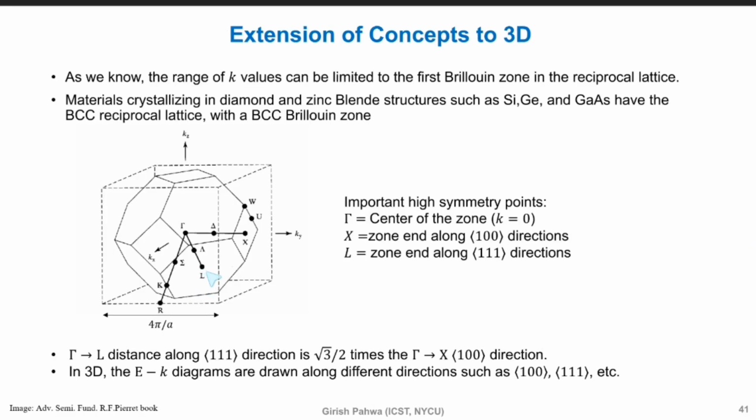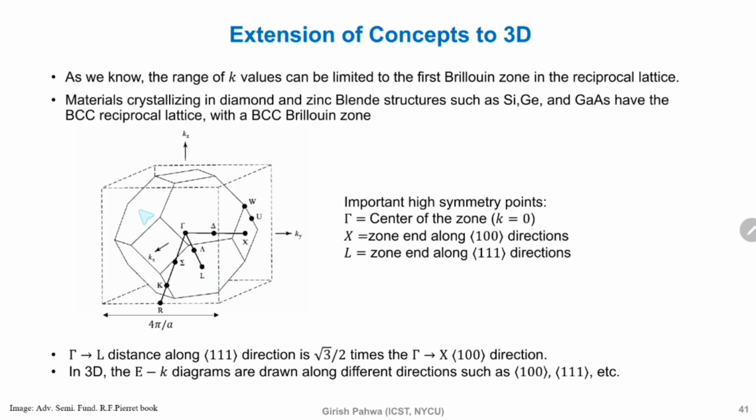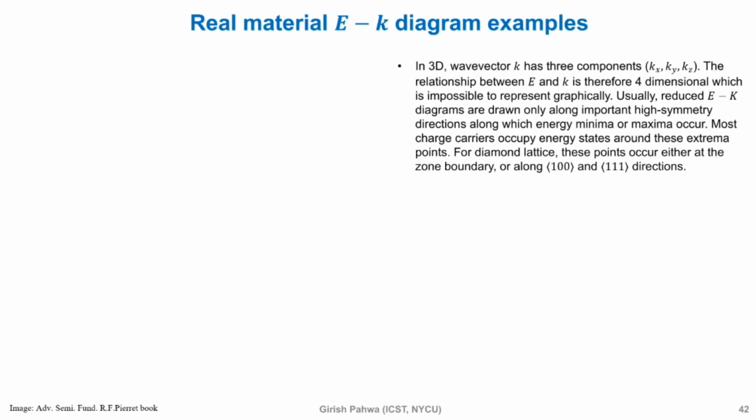For germanium, the conduction band minimum is here. So this is that k point that gives you the minimum energy. This is going to be the minimum energy point. This will also be a minimum energy point because that's equivalent, right? Similarly there will be eight such points that will give you minimum energy.